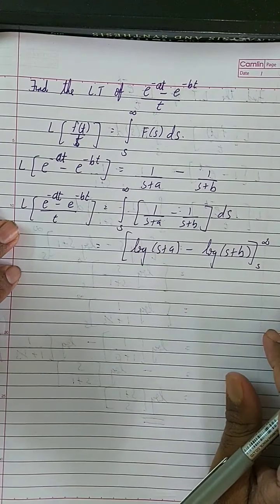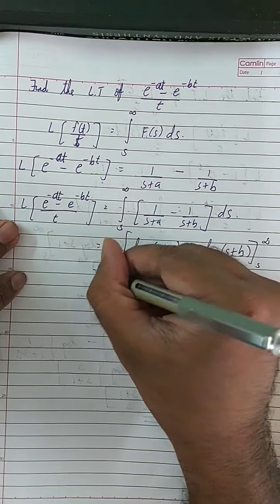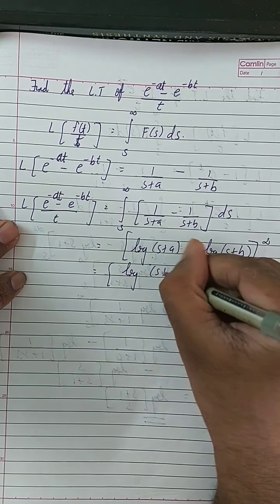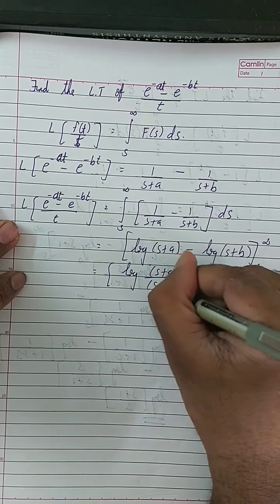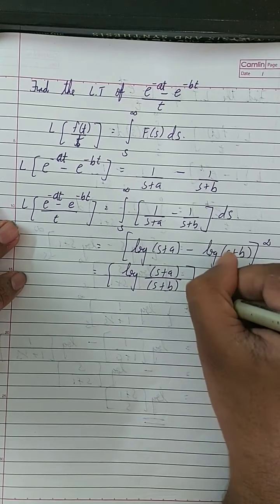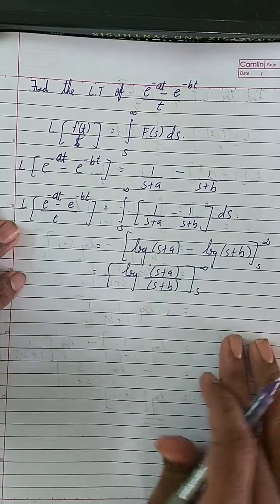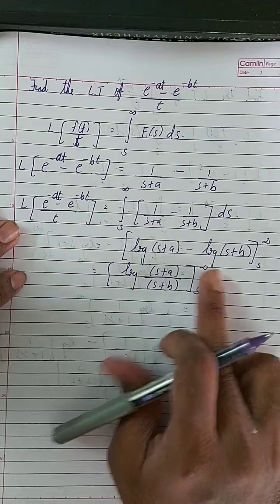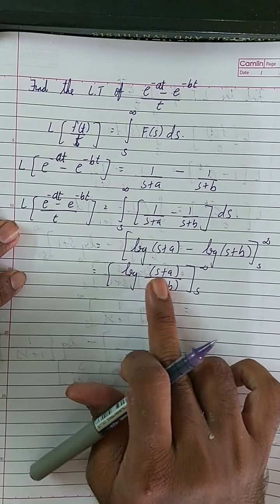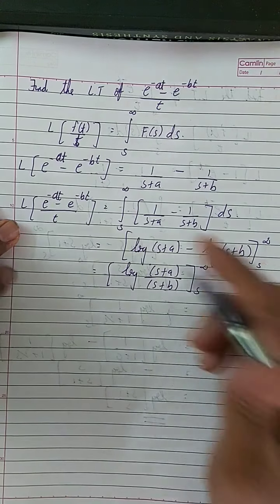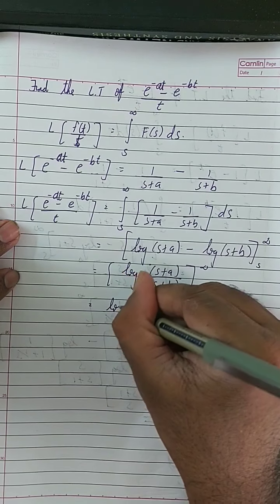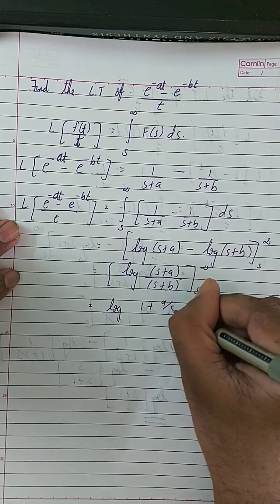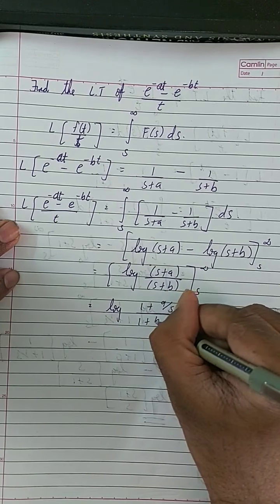Okay, so I cannot apply infinity directly over here, so just like before, I'm going to make this into log s plus a by s plus b, from s to infinity, because log a minus log b is log a by b, right? And here also still I cannot apply my infinity, because this will become log infinity by infinity, which is not defined. So therefore I'm going to write this in terms of 1 by s. So this is nothing but log of 1 plus a by s by 1 plus b by s.